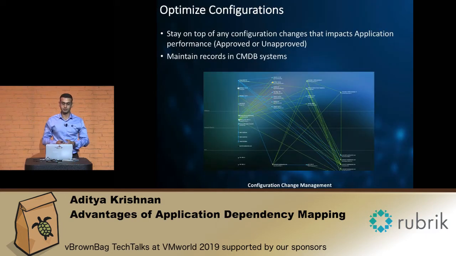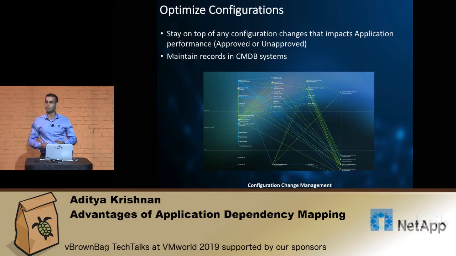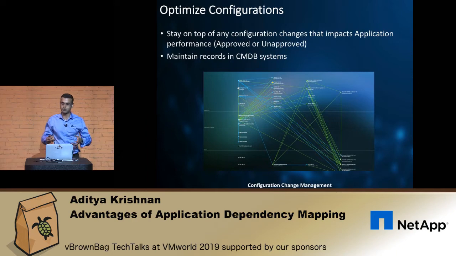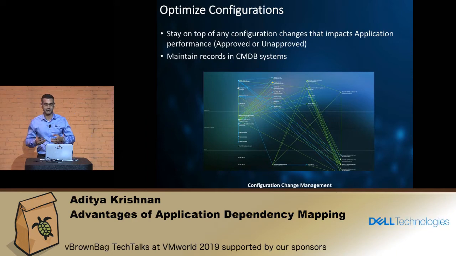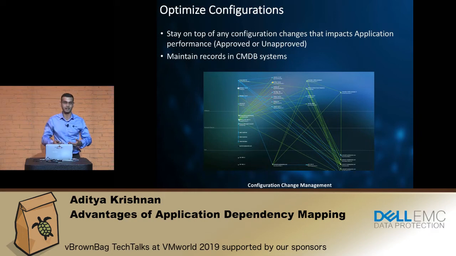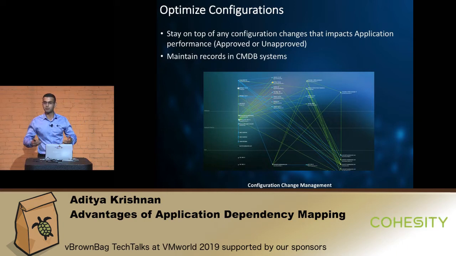Another very important use case is to be able to optimize your configurations. Being able to identify and stay on top of all these application impacts and application performance configurations is very, very critical. A lot of times with our fast-moving IT organizations these days, everybody brings up new applications. With containerization and all these newer technologies, new applications can be brought about on the fly.